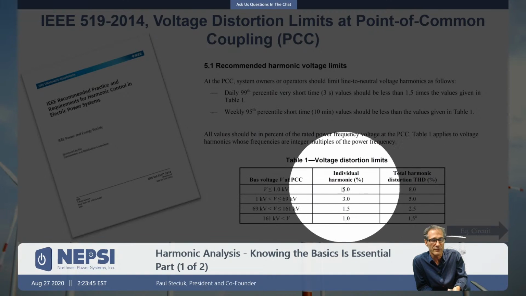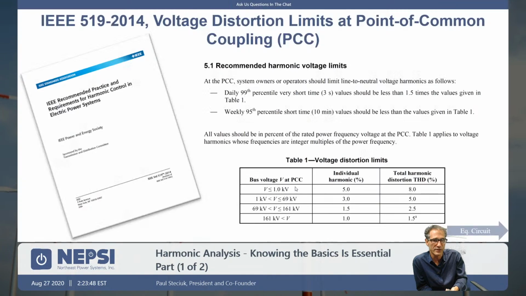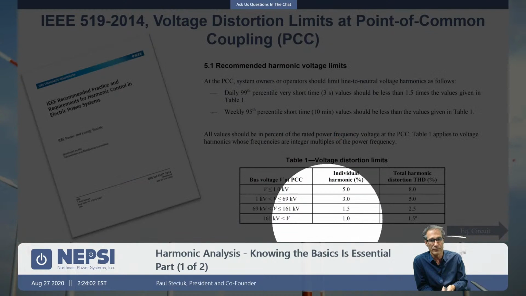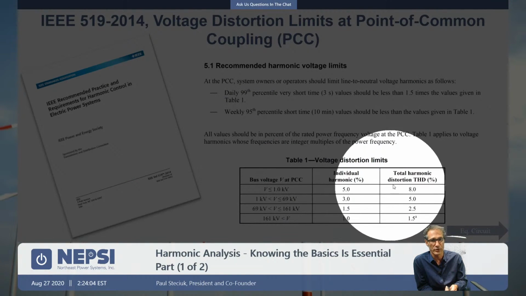So this represents voltage distortion limits at the PCC, and this is really what the electric utility should be supplying you as a customer, if you're a customer, wind farm, renewables plant, or an industrial plant, whatever it may be. You can expect that your voltage distortion should remain below these values at the point of common coupling.